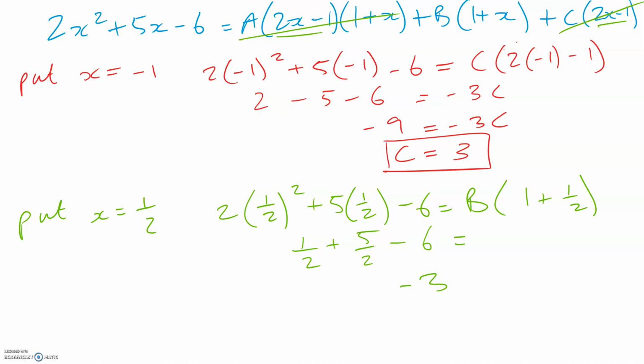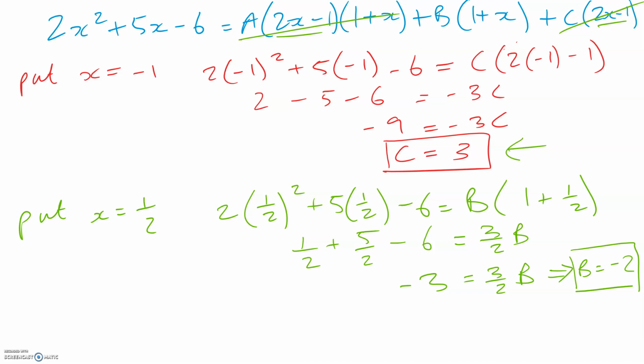And on the right hand side, that's 3 over 2 times b. So if we multiply both sides by 2 and then divide by 3, we'll realize that b equals minus 2.